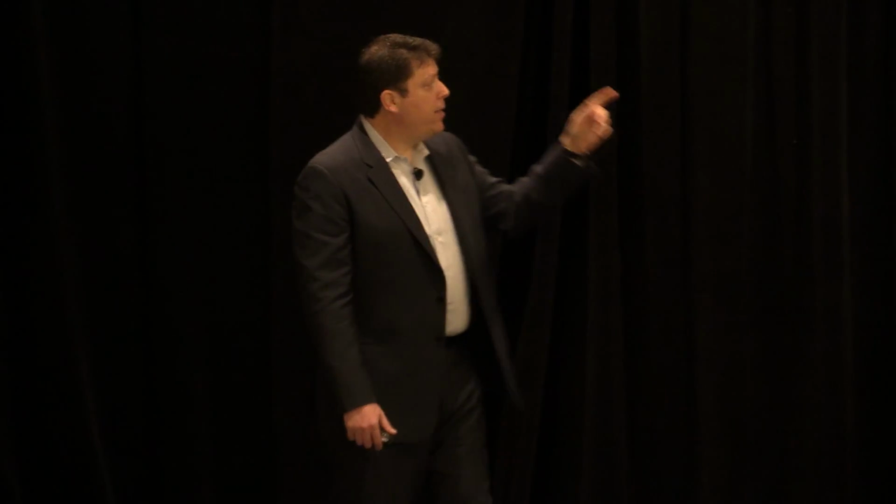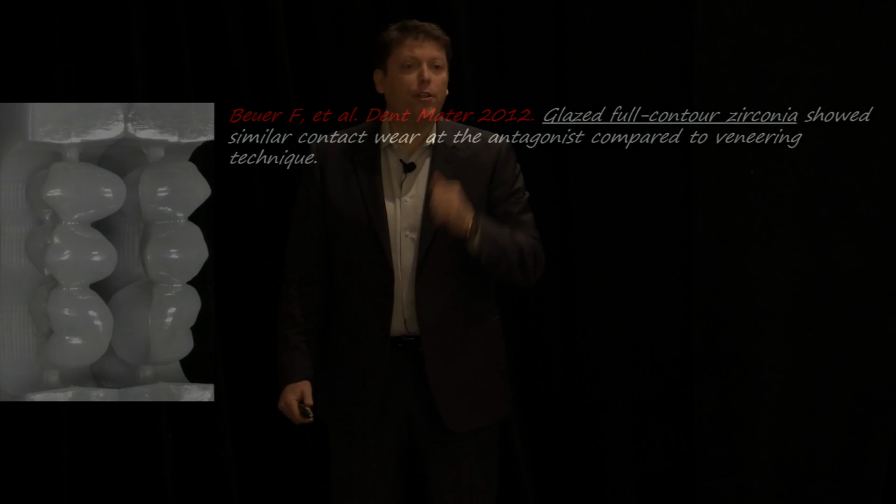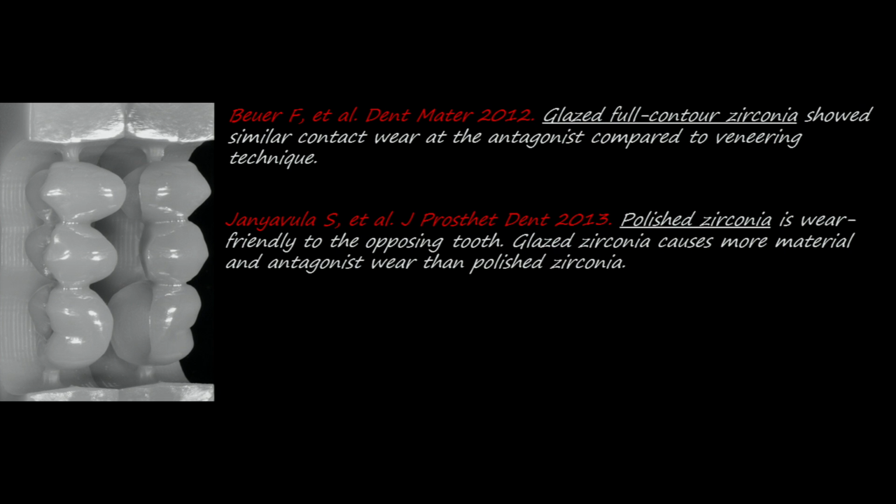What else? Well, we wanted to look at wear of the opposing dentition. And I looked at the literature, and some materials get the best properties in terms of reduction of wear of the opposing dentition after their glaze. Others will perform better after the zirconia is polished.